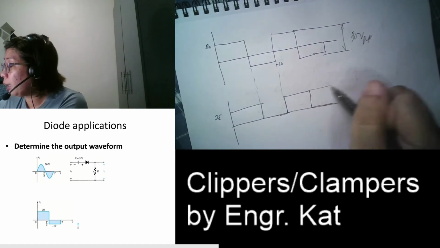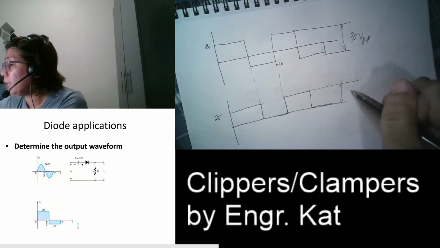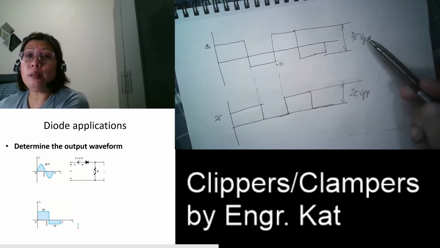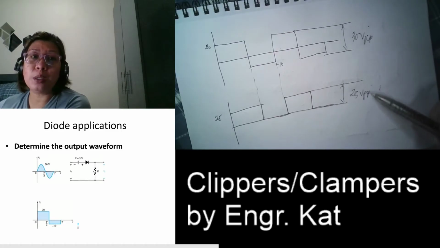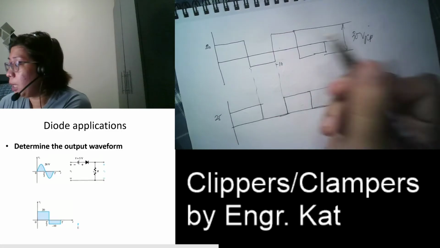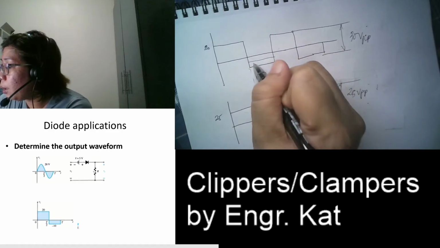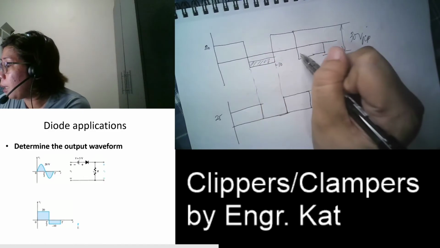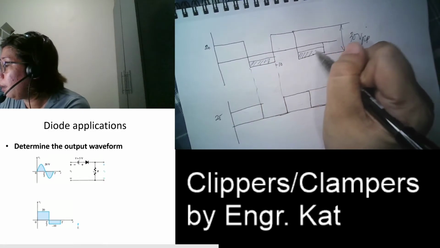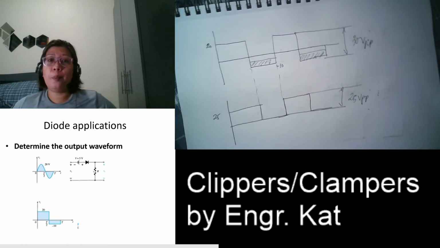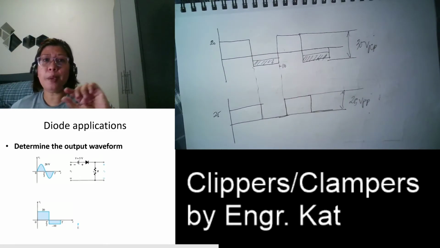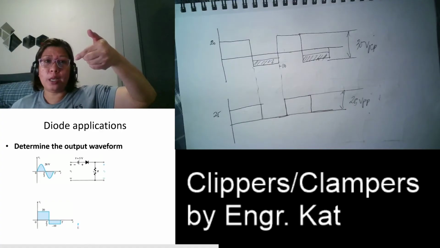For this, it is equal to 25 volts peak to peak. So that means only 5 volts was removed. And where is that 5 volts? We just remove a portion of that half cycle. So the remaining 5, we just move it upward.